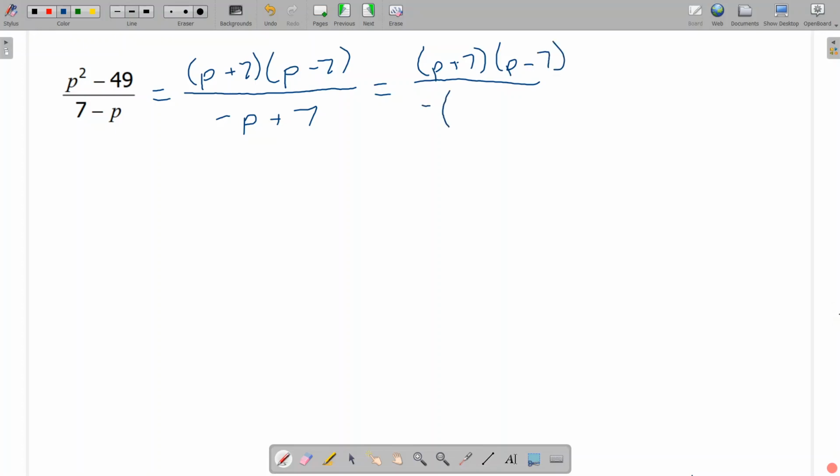If I factor a negative 1 out of negative p plus 7, now it becomes negative times p minus 7. At this point, we can cancel the p minus 7. We're left with p plus 7 over negative 1. But we can just divide both of those terms by negative 1. And our final simplified answer would be negative p minus 7.